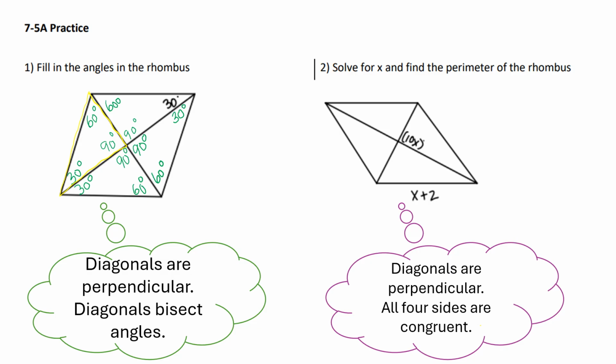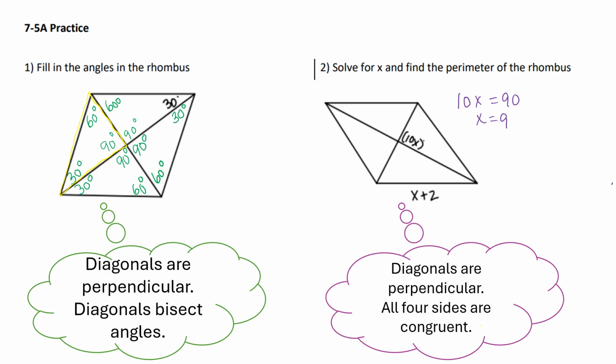For the second problem, I know that diagonals are perpendicular, and that's going to help me figure out what x is. I know that 10x would have to be 90 degrees, so x has to be 9. To finish solving this problem, I'm going to use that all four sides are congruent.